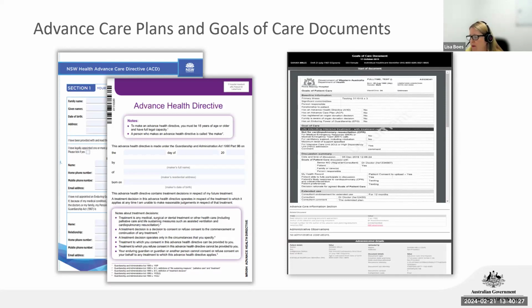Some software products used in residential aged care facilities have the functionality to allow healthcare providers to upload advance care planning information. The goals of care document is created and uploaded by a healthcare provider through a shared decision-making process with the person in their care and family or carer. This is done to capture medical and non-medical goals of care in the context of end-of-life care.